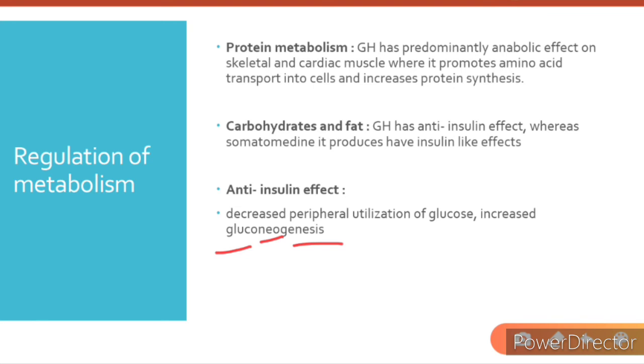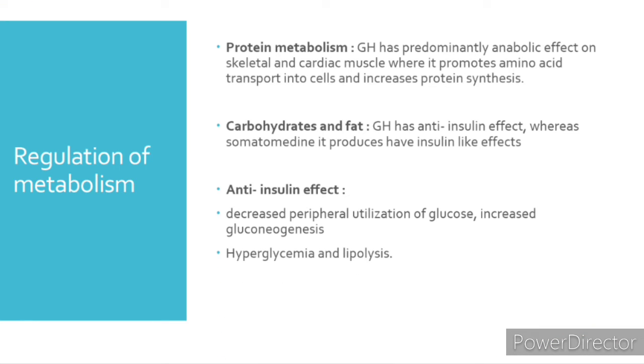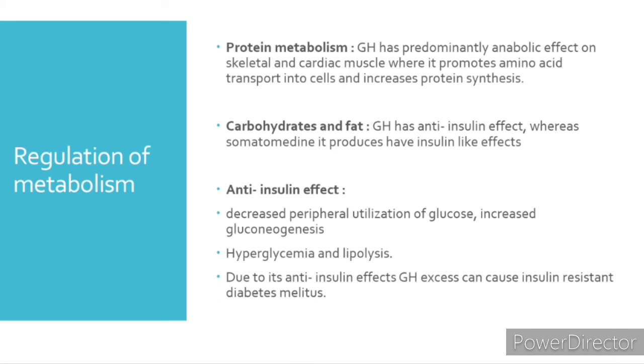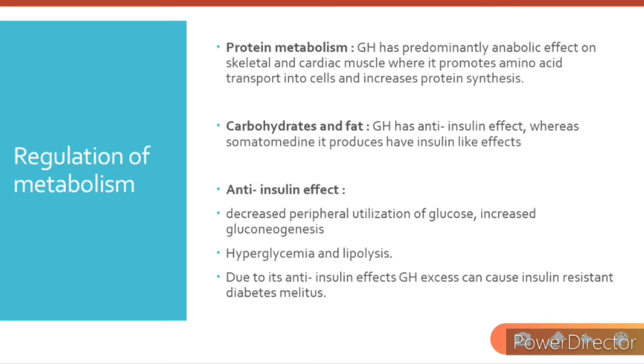It won't allow the utilization of the peripheral glucose which is available in the blood, causing hyperglycemia and lipolysis. Obviously it will not allow the blood glucose to get utilized, so what will happen? Hyperglycemia, the blood glucose will increase, and there will be lipolysis, that is breakdown of fats.